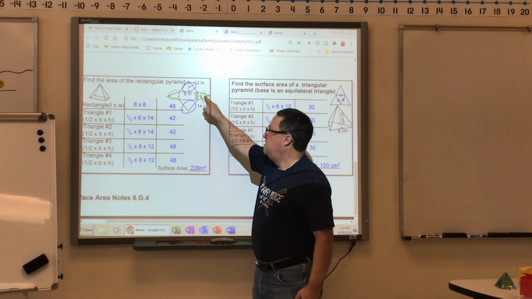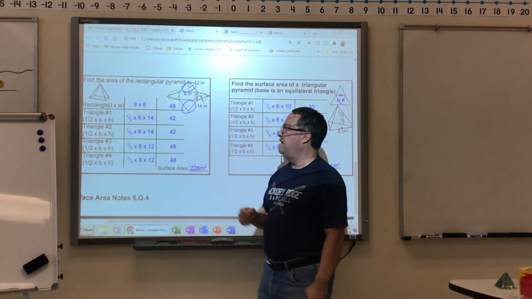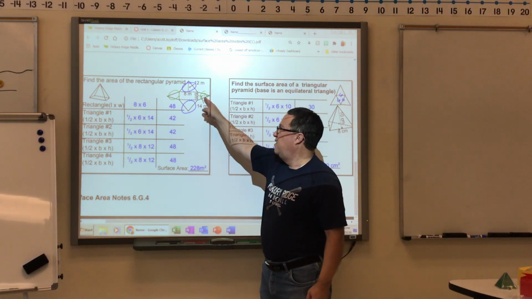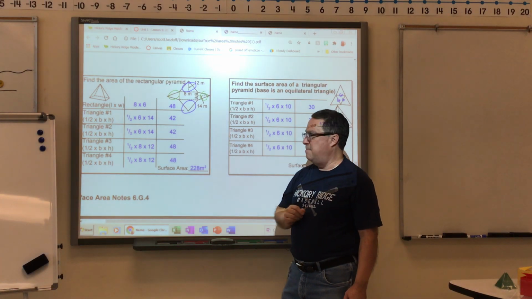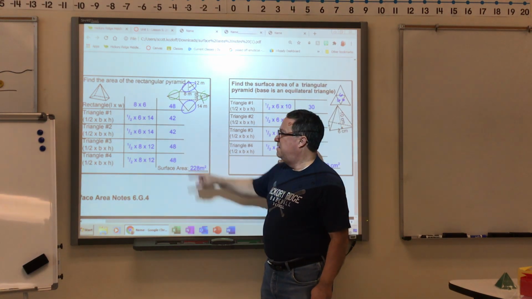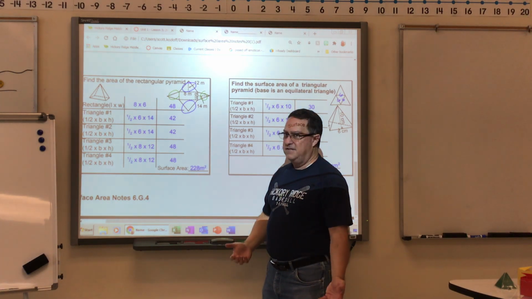So I'm going to have 2 triangles that are exactly alike, and I'm going to have 2 triangles that are exactly alike. The green triangles have to be the same, the blue triangles have to be the same. So when I do my formulas, triangle 1 and 2 are the same, triangle 3 and 4 are the same.